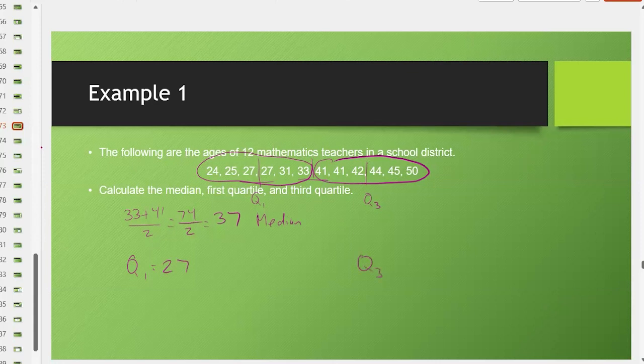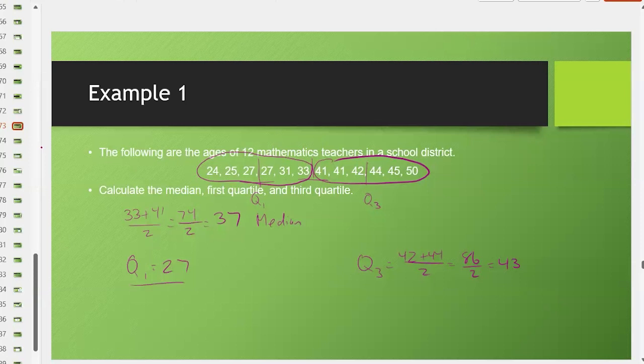In Q3, we're going to take 42 plus 44 divided by 2, 86, which is 43. That would have been obvious as well.